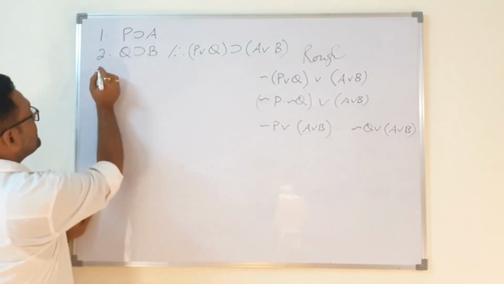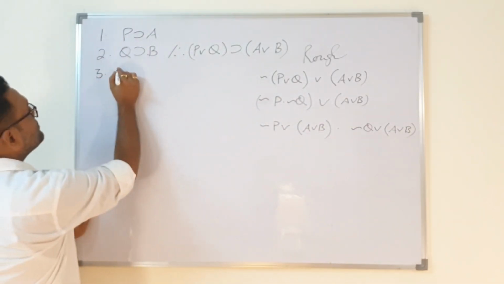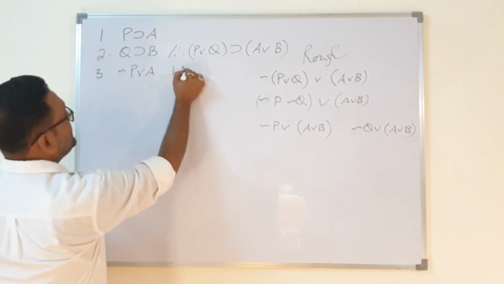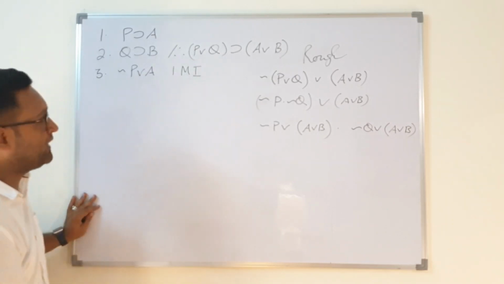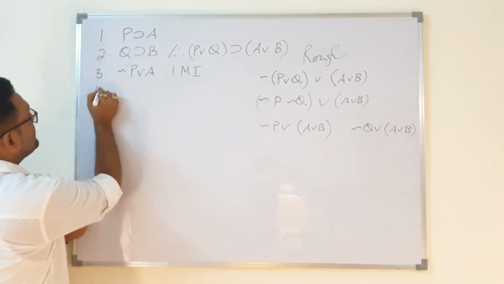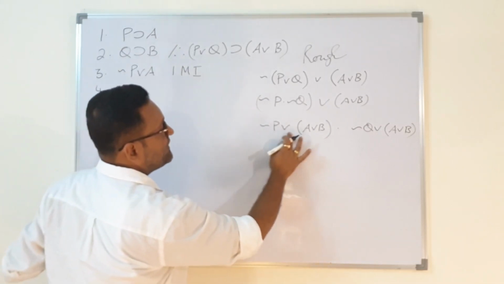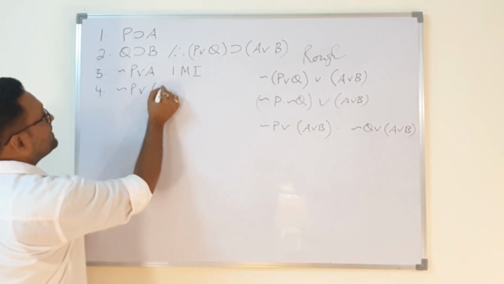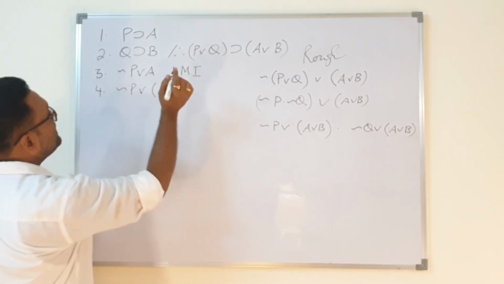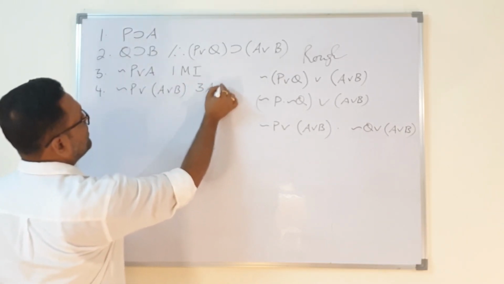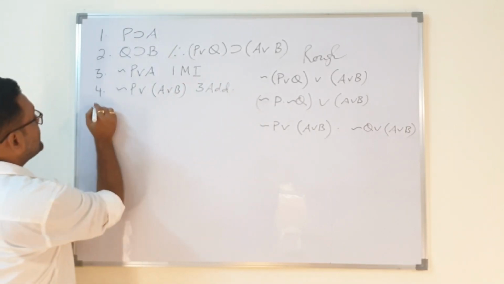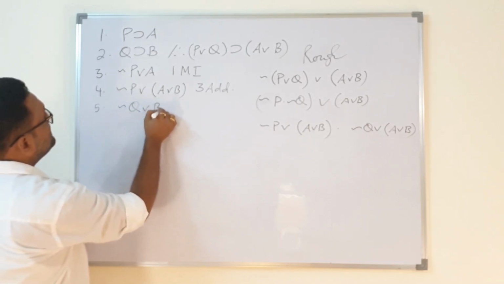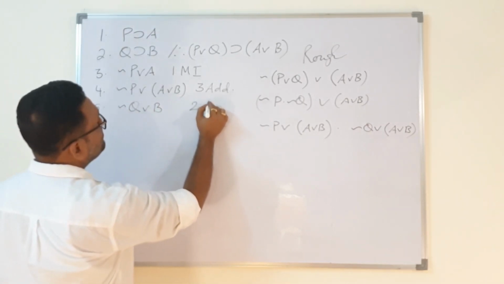Okay. So what is the step? First, you make it negation of P wedge A, because you have applied material implication on step number 1. Then, as I told you, negation of P wedge A is there. You need to add B. Negation of P wedge A wedge B. Okay. So you have added on step number 3. Similarly, take out this negation of Q wedge B. This will be step number 2, material implication.